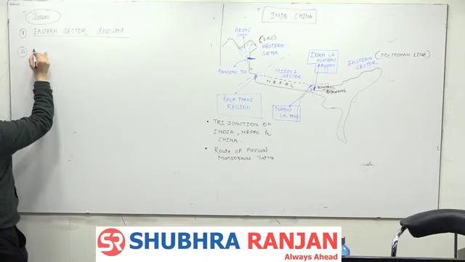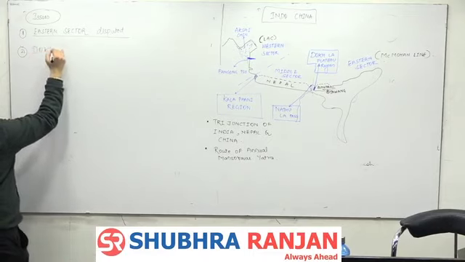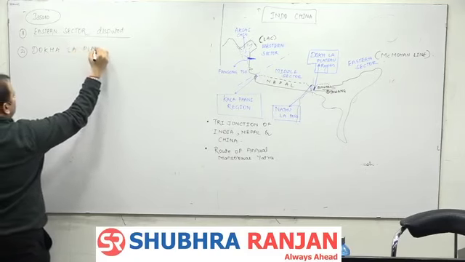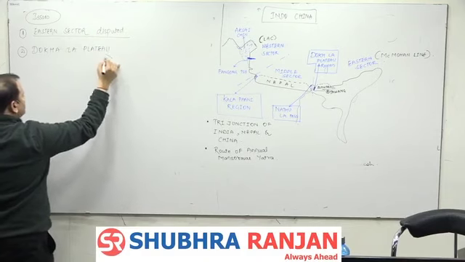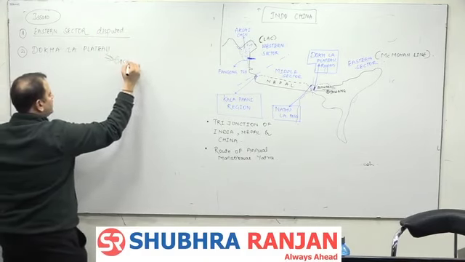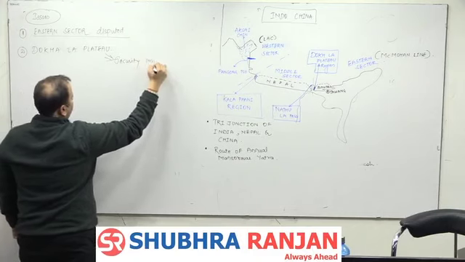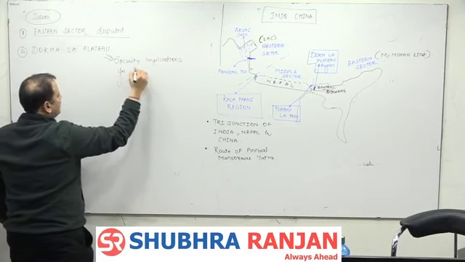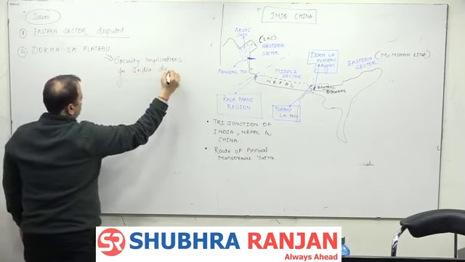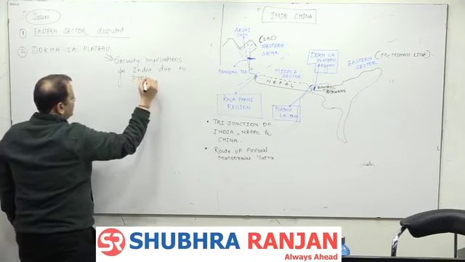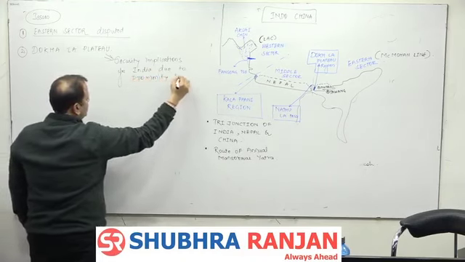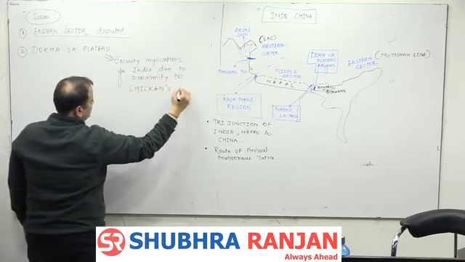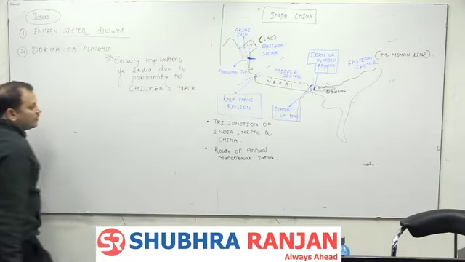Second, the Doklam issue, which is building up now, due to proximity to the Chicken's Neck, and the Indo-Bhutan Friendship Agreement.